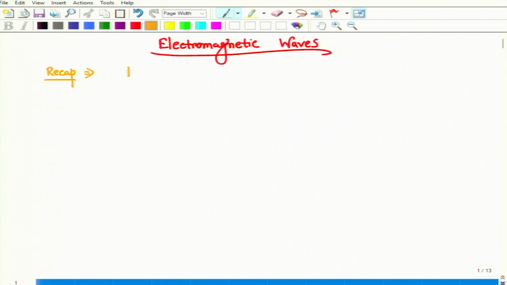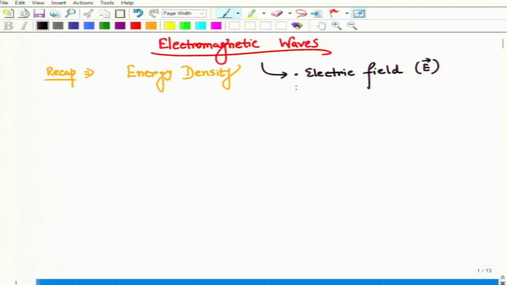of energy density. Okay, what was that energy density? As we know, in electromagnetic waves there are essentially two fields, the electric field and the magnetic field, E and B, right?